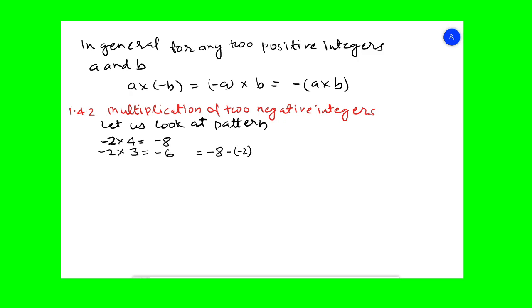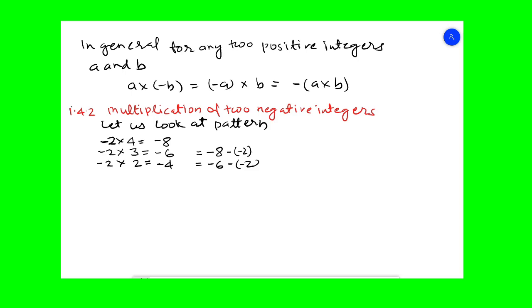I am taking this minus 2 from here. So minus 2 within brackets minus 2. Now we go to minus 2 multiplied by 2. So this is minus 4. Whatever the previous figure was, minus 6, I am taking it as minus 6 minus minus 2.